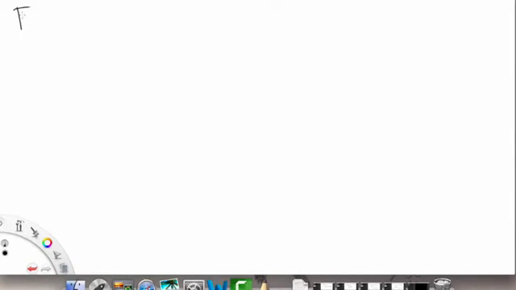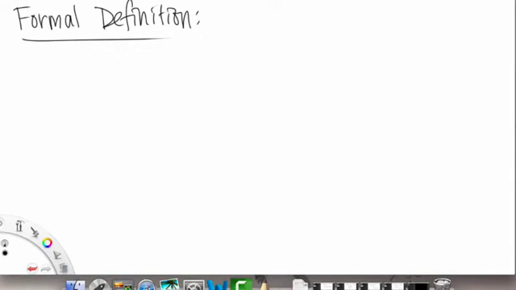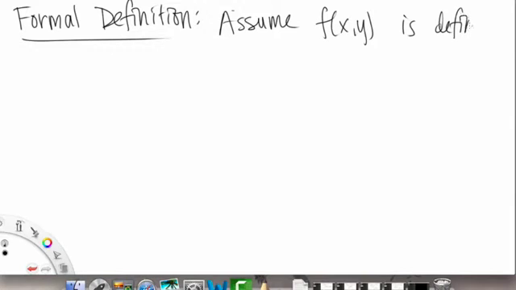So here's the formal definition of our limit in multivariables. The first thing that we're going to assume is that our f of xy is defined near our point P that we want to approach, so near P equals, let's say, (a, b).